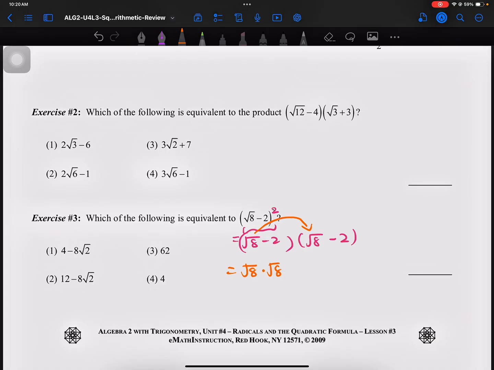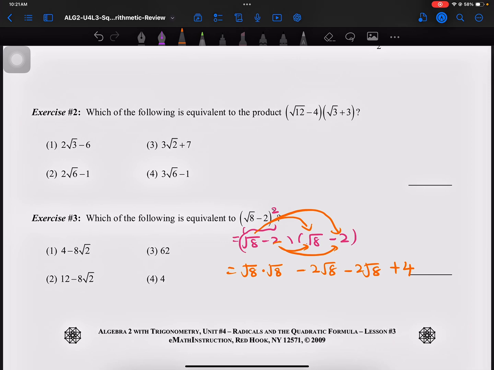This one times this one is −2√8. This one times this one is −2√8. And then the last one is +4. Okay, so you can see that you have √8 times √8.